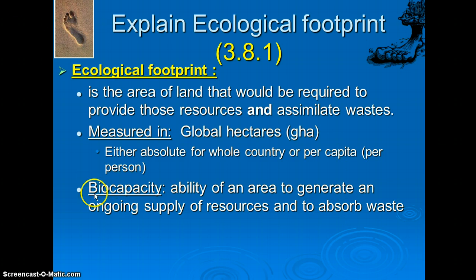So if I have a lower biocapacity, my land is not healthy. So I'm going to need even more land for my ecological footprint. So if I destroy the land because my ecological footprint's growing, my biocapacity for that land's probably going to go down, which is going to in turn impact my ecological footprint, relating to a positive feedback loop.